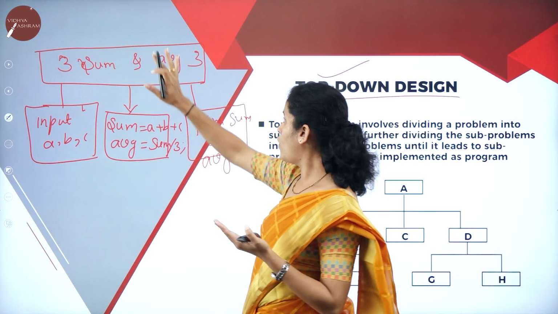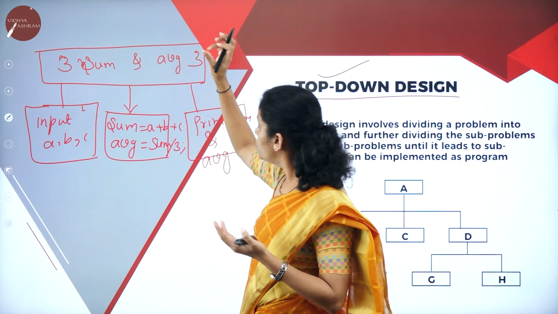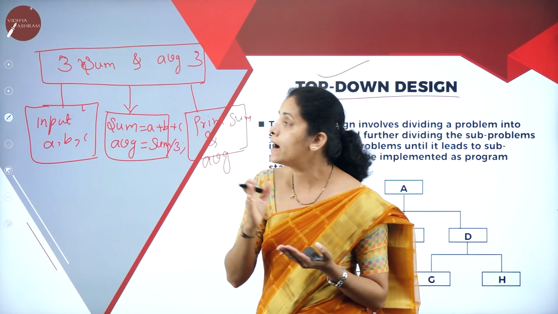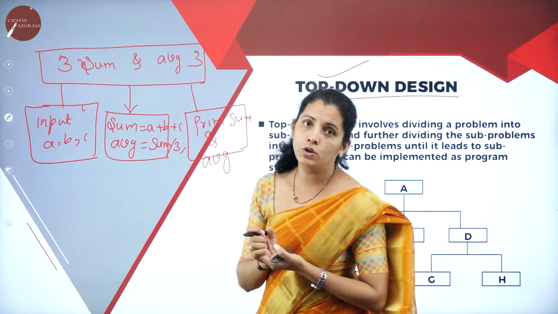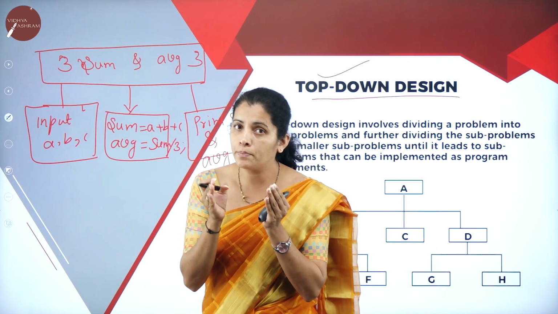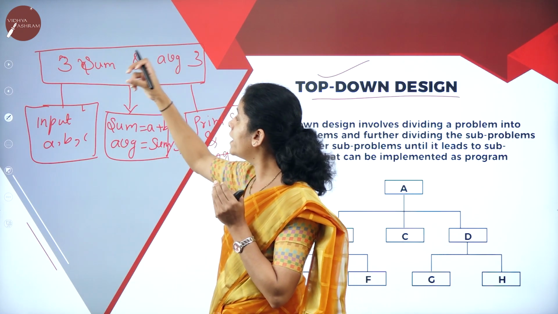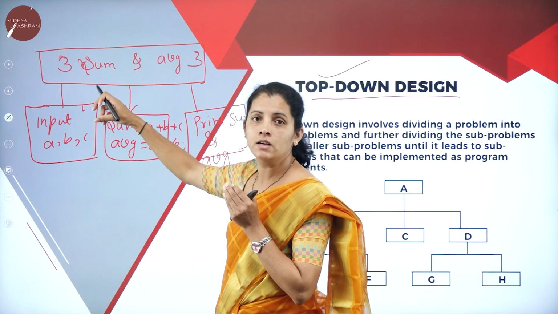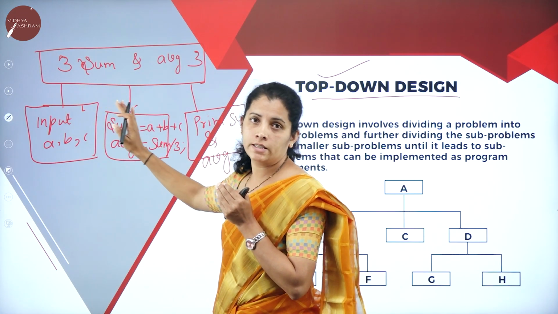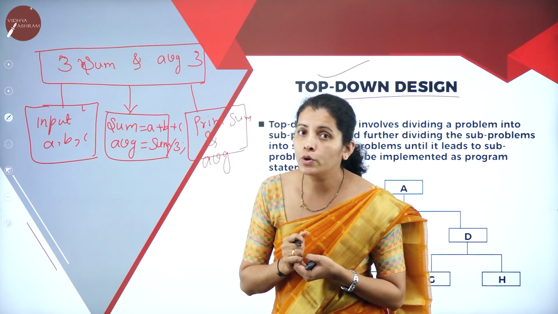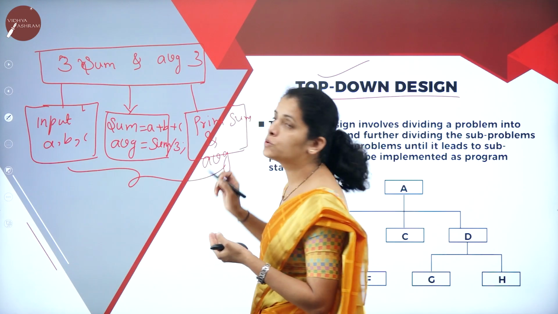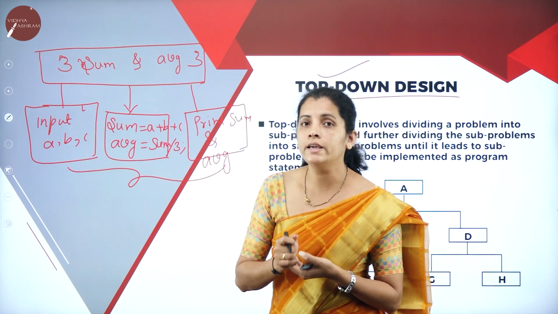So here I have a complex problem. In order to make it very simple, I'm going to divide that complex problem into smaller subtasks or sub-programs and find the solution for each sub-program. Once I'm done with everything, at the end I'm going to combine all the modules together in order to get the output.